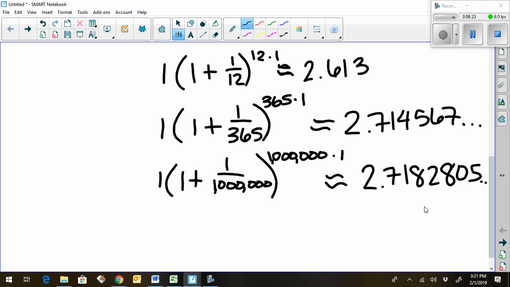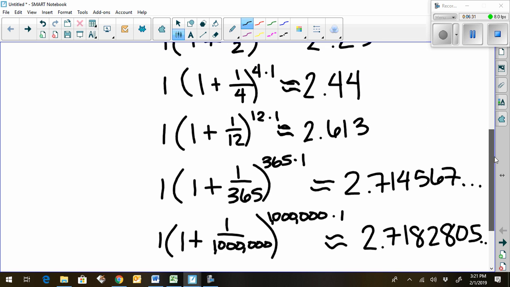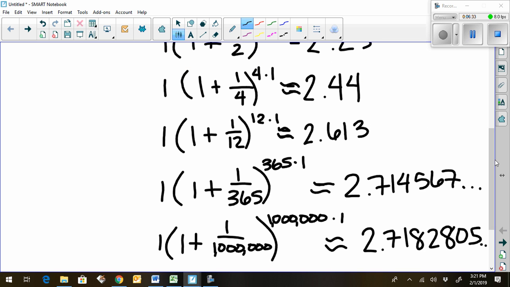So notice how it's like we're approaching a specific number. As this n value kept growing, we were approaching a specific number. And right now, something that should be ringing in your head is a word that means that we're getting close to something and we're approaching it. We might not ever touch it, and that word is asymptote.